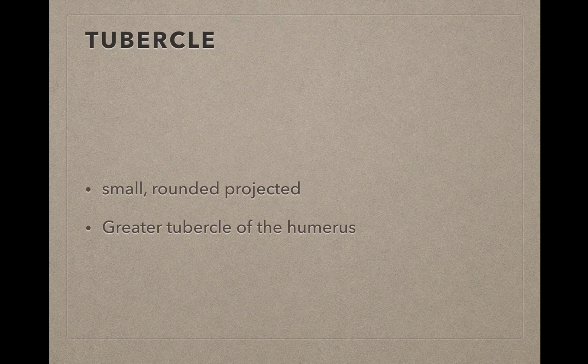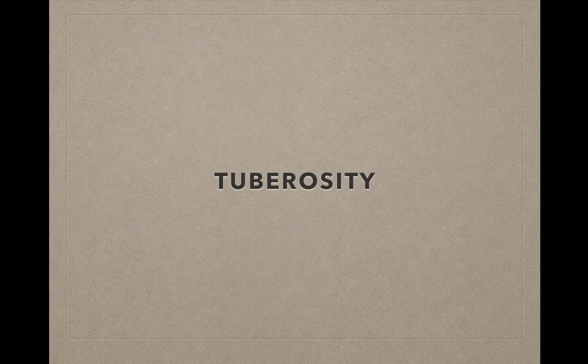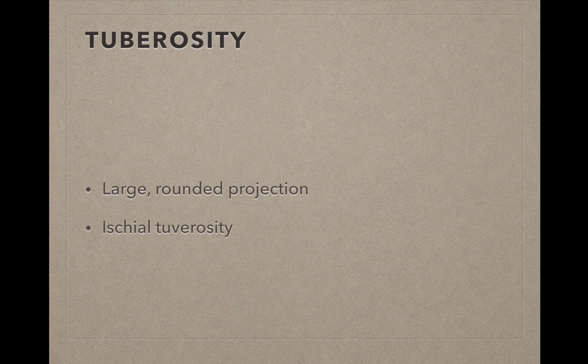Tubercle. Small, rounded projection. An example of this would be the greater tubercle of the humerus. Tuberosity. Large, rounded projection. An example of this would be the ischial tuberosity.